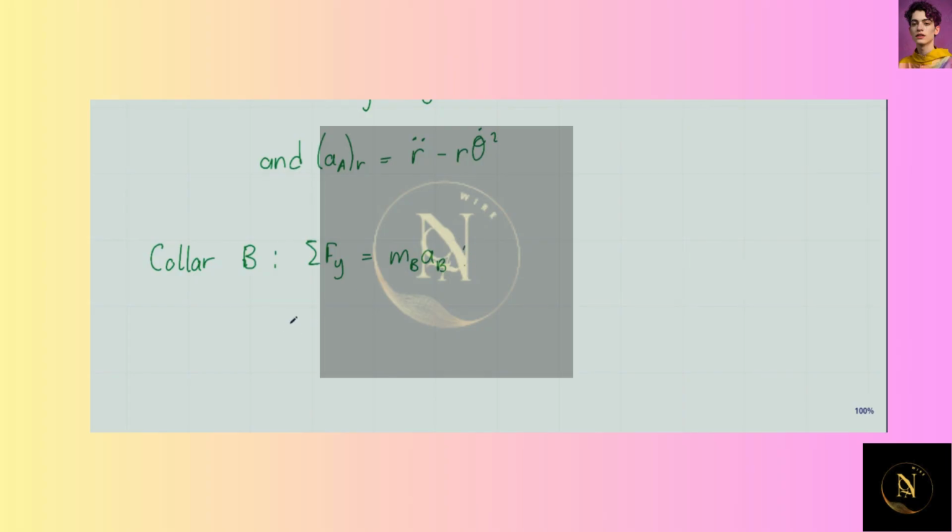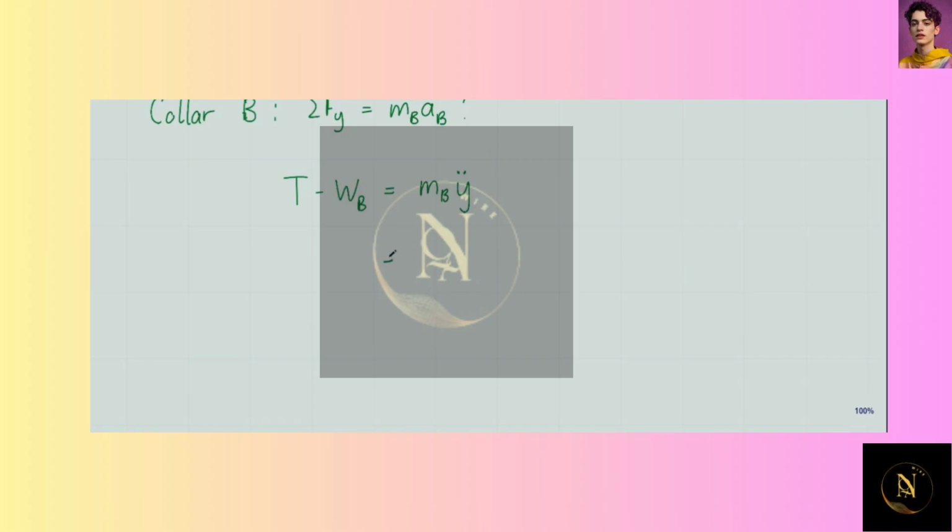And so this is the tension in the cord T minus the weight of B must equal to the mass of B times y double dot, which we said is the mass of B times r double dot. And we'll call this equation 1. So T minus WB is equal to MB r double dot.